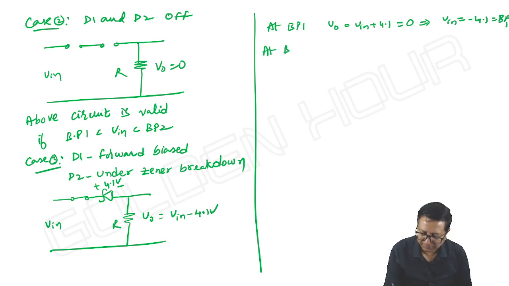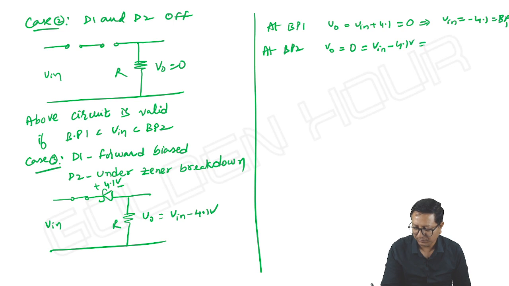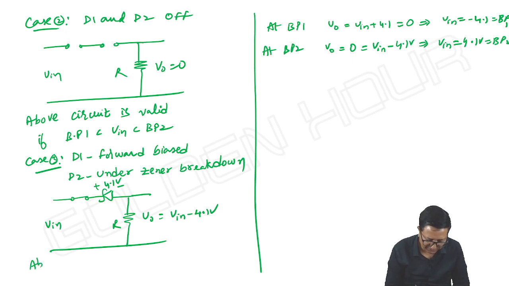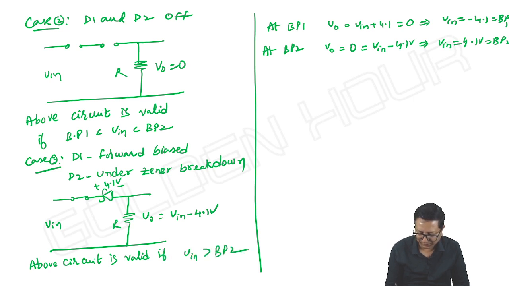Next, at breakpoint 2, output is equal to 0, and also it is equal to input minus 4.1. This implies input is plus 4.1 volt, which is our breakpoint 2. Of course, this circuit is valid if input is greater than breakpoint 2.